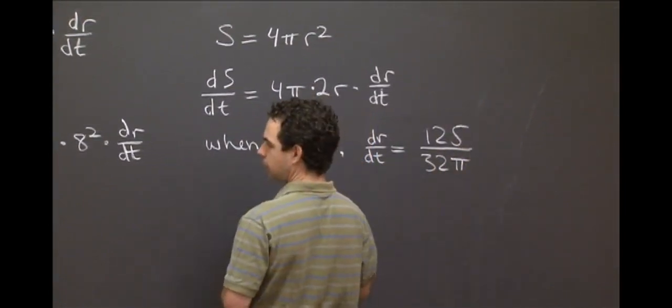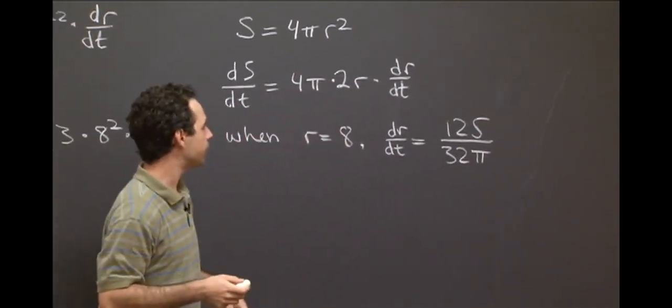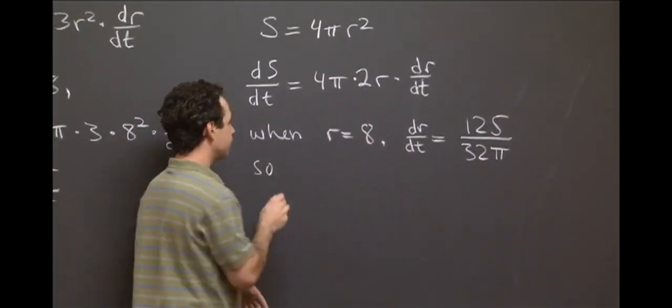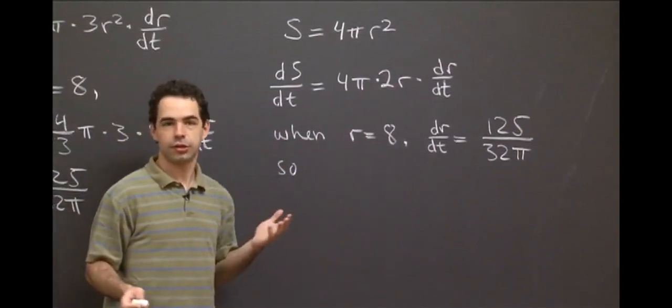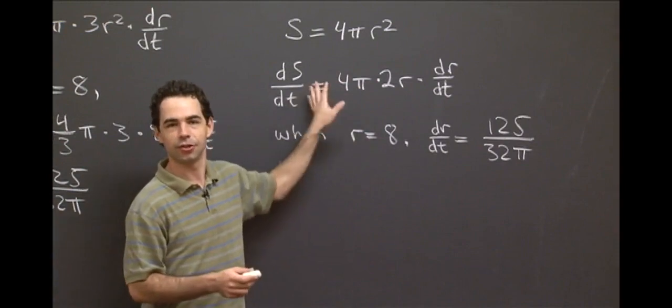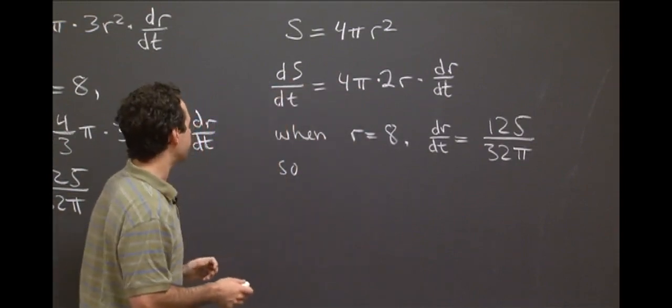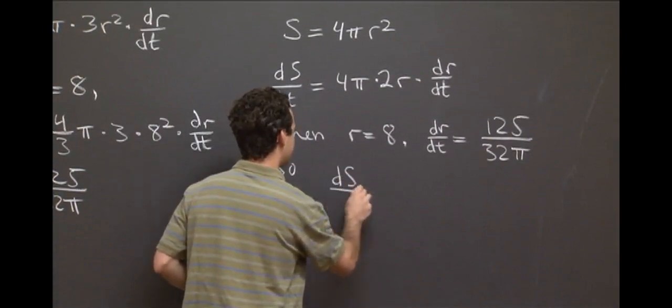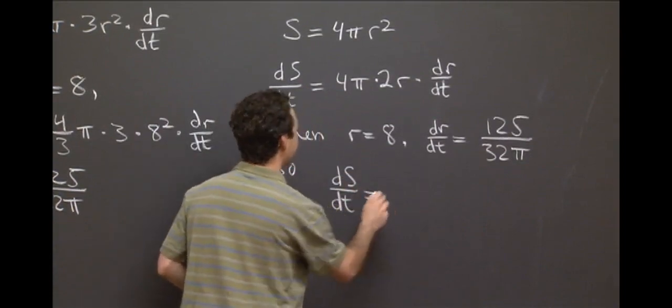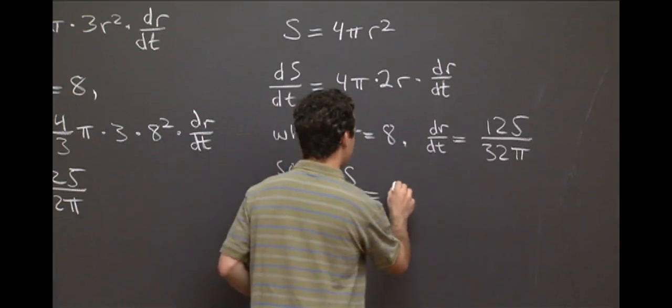Did I copy that right? Yes, I did. OK. So in this case, the equation we have to solve is completely straightforward. We just plug in the values, and it's already solved for us. So that's nice.